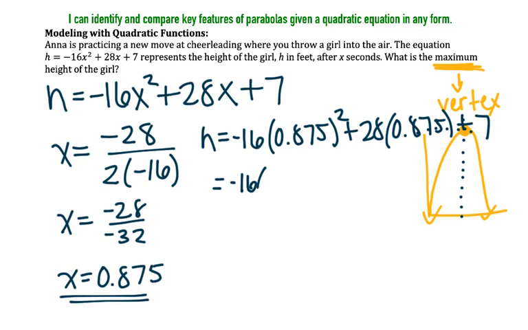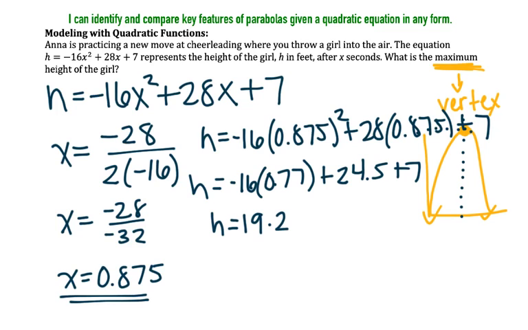So negative 16 times 0.77 if we're rounding, plus 28 times 0.875 and then plus 7. And if we add this all together, we'll get our answer. We end up with 19.25 feet. So the cheerleader went a maximum height of 19.25 feet in the air.